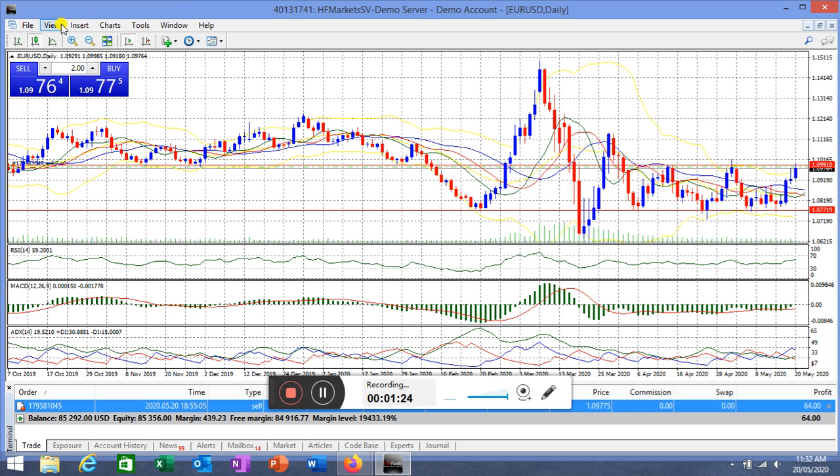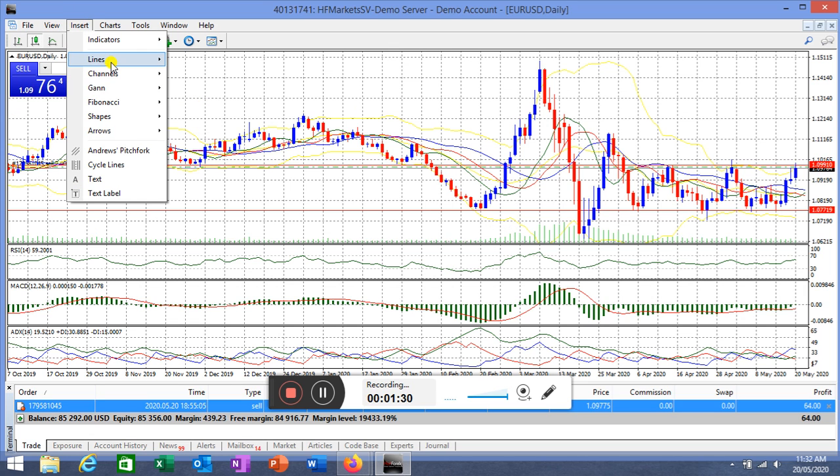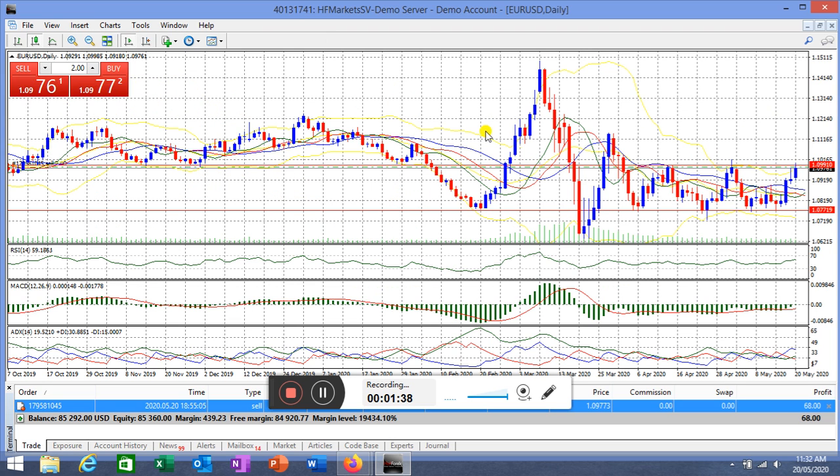Pretty much nothing has been adjusted. We just put it on the chart and that's it. We didn't adjust anything to it, so we're just using the stock alligator indicator as it comes.